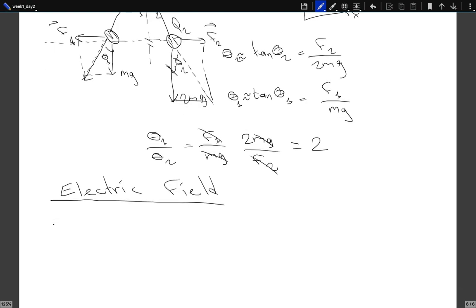Well, there are a couple of motivations for defining the electric field. If you look at Coulomb's law, let's say there's a charge over here, another charge over here, this charge directly exerts a force on the other charge.